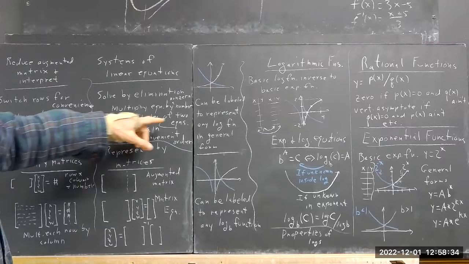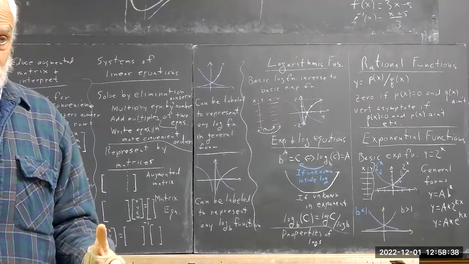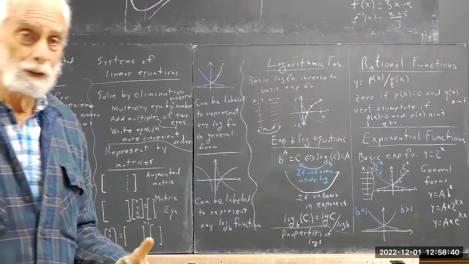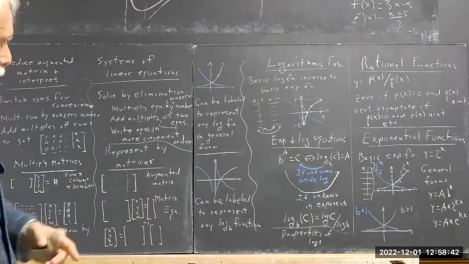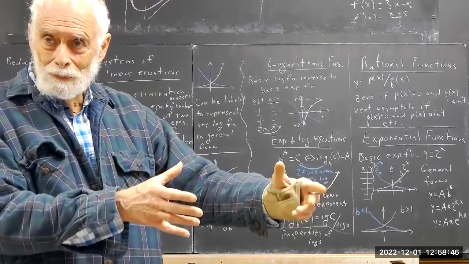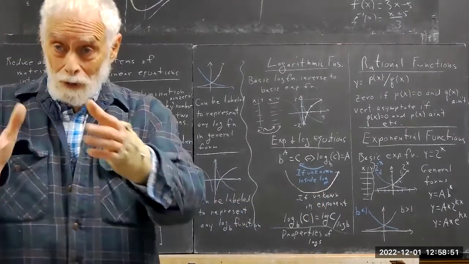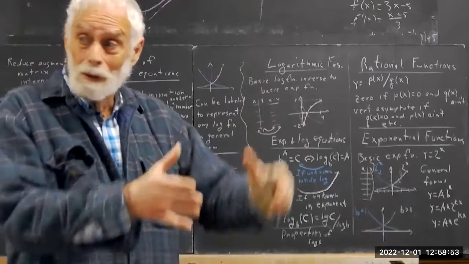You can add multiples of equations and you don't change the solution to the system. I don't do that geometrically, but you can accept it based on the idea that if this is equal to this, and this is equal to this, then this plus this has to equal this plus this.